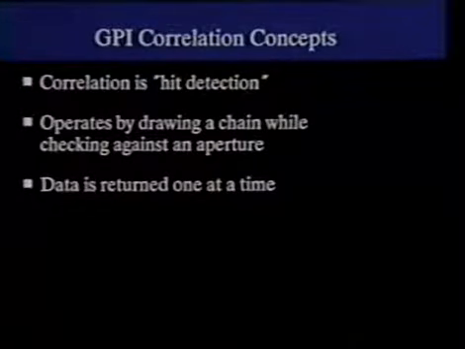After the correlation operation, the data is returned to you one at a time. So you can figure out, for example, there may be 4 or 5 graphical elements that all lie underneath a particular coordinate location, and you want to get back information about all of them potentially.